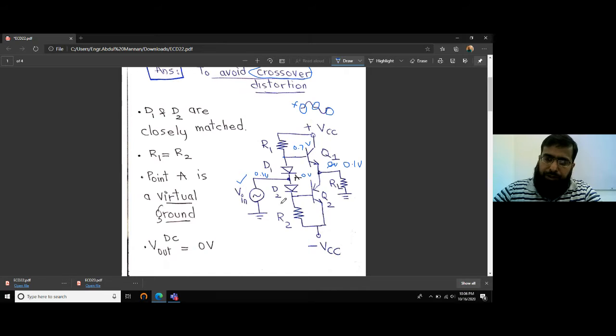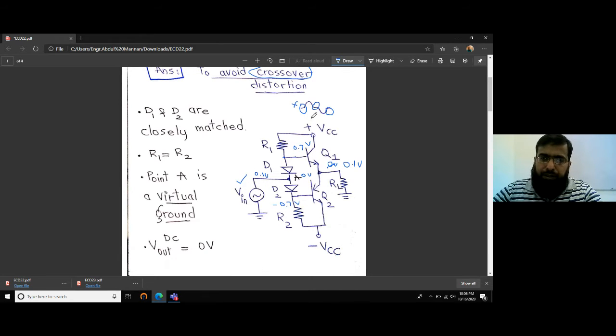And with this diode D2, we avoid the same distortion during the negative half cycle. This is because we get a biasing of 0.7 volt all the time here, and a biasing of minus 0.7 volts all the time here, helping the output to appear as soon as the input voltage appears. So there is no distortion.